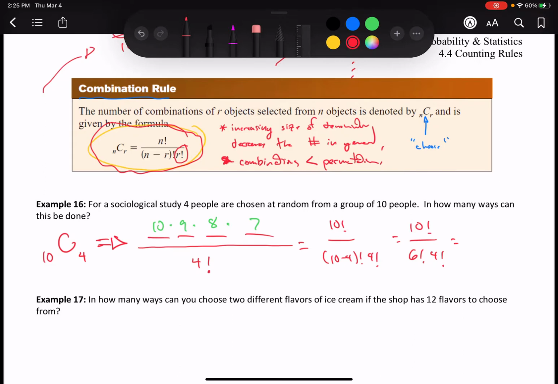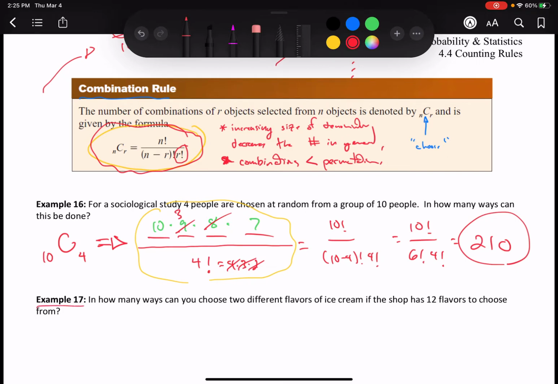I'm going to use this because this is kind of already simplified here. 4 factorial is, of course, just going to be 4 times 3 times 2. I guess we can include the 1, or you don't have to, right? So I'm going to cross out this 4 and that 2 with that 8. I'll cross out that 3 with that 9 and make that a 3. So it's 30 times 7. That's going to be 210 different ways.